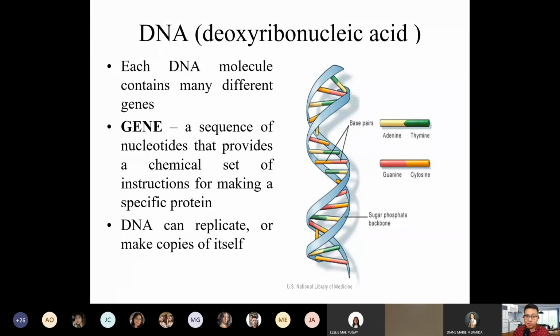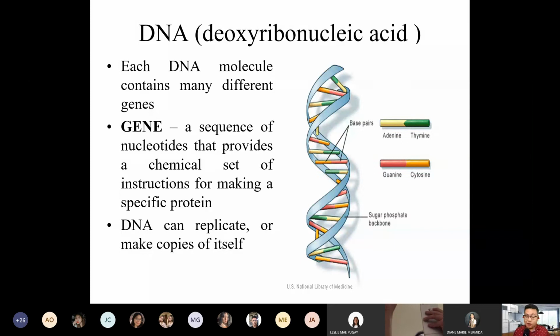Each DNA molecule contains many different genes. So you may hear this a lot. When we say gene, it is a sequence of nucleotides that provides a chemical set of instructions for making a specific protein. So itong gene na ito, it is a sequence that produces a certain protein.